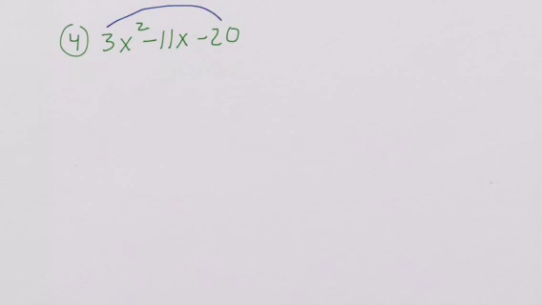All right, let's go and bounce this one. So we're going to do 3 times negative 20 is going to give us negative 60. And then we're going to put our negative 11 into our right column. So now we're looking for two factors that when we multiply we get negative 60. And when we add them together we get negative 11. Okay, so let's start out with something easy.